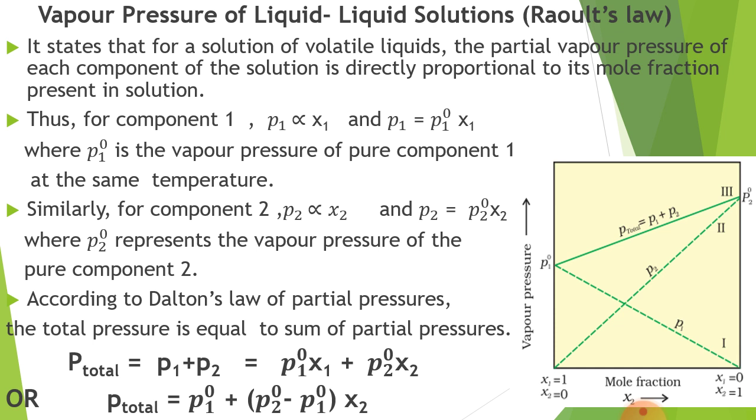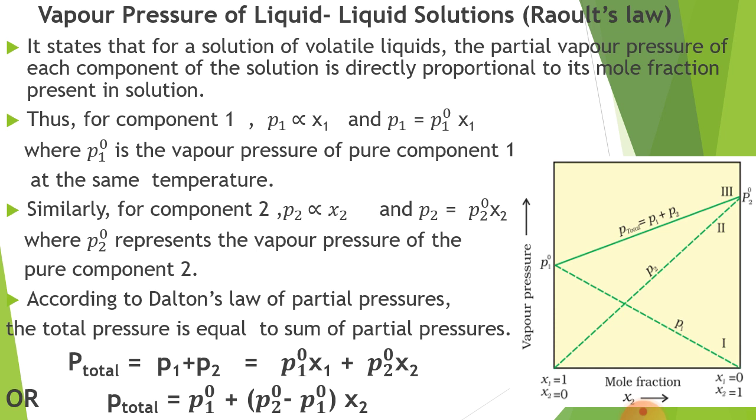Similarly, for component 2, P2 is directly proportional to X2 and P2 equals P02 X2. Here P2 is the partial pressure of component 2 and P02 represents the vapor pressure of pure component 2 when no solute is added to it.